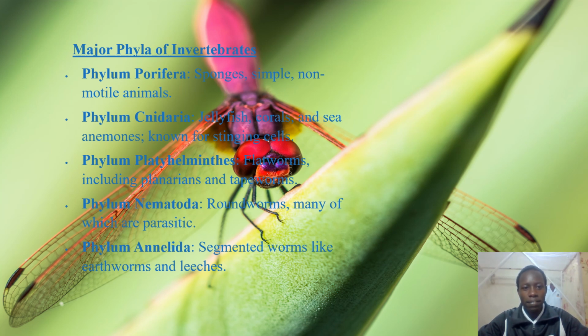Another phylum is phylum Cnidaria. Phylum Cnidaria includes jellyfish, corals, and sea anemones, known for stinging cells. Jellyfish are known for stinging cells. You realize that the picture of jellyfish has tentacle structures, and these tentacles are meant for their mechanism and so on.